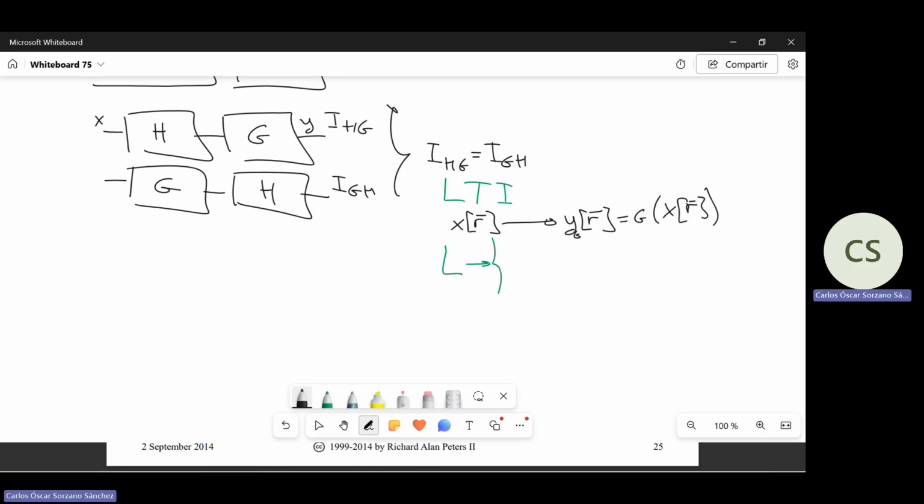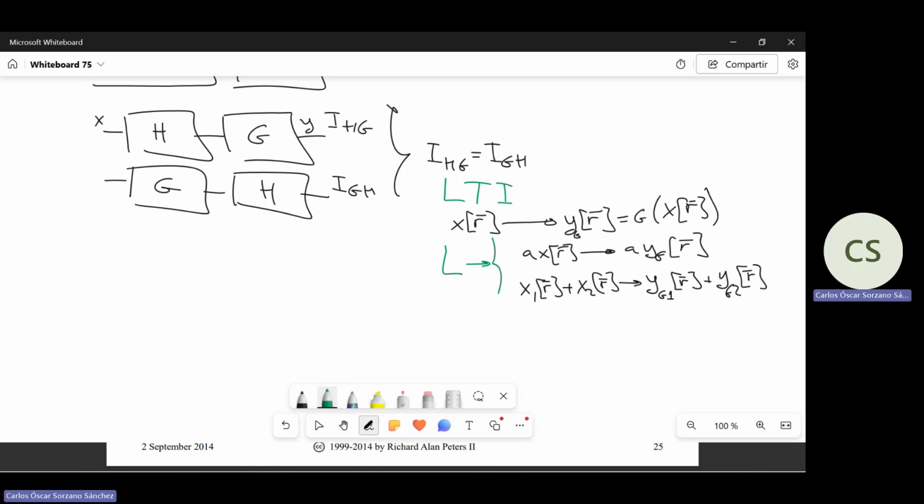The other one is the same. Okay, so a system is linear if a X1 produces a Y1, and X1 plus X2 produces Y1 plus Y2. Okay, so that is linearity.